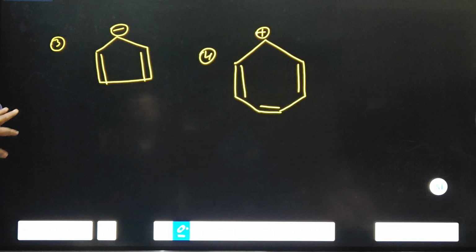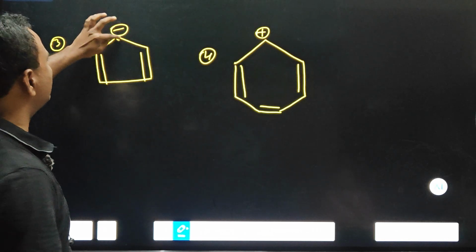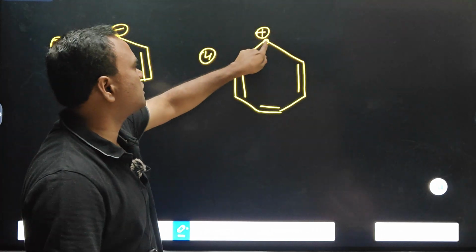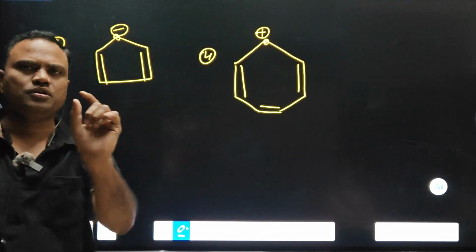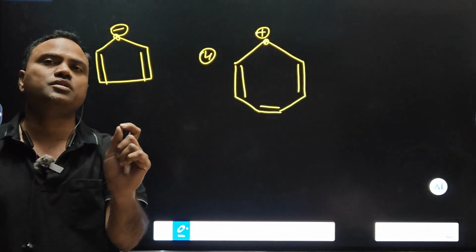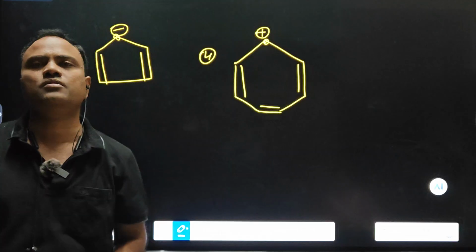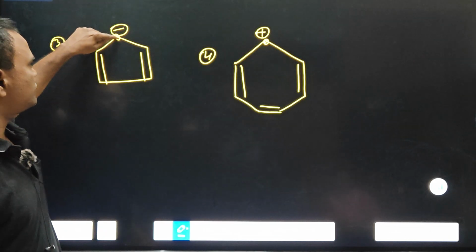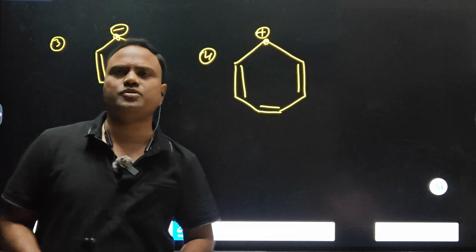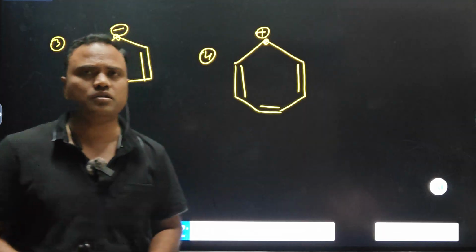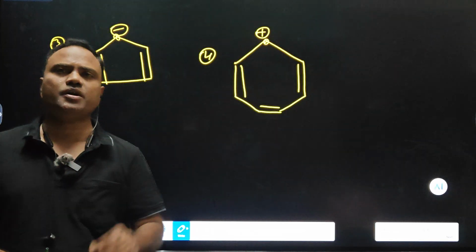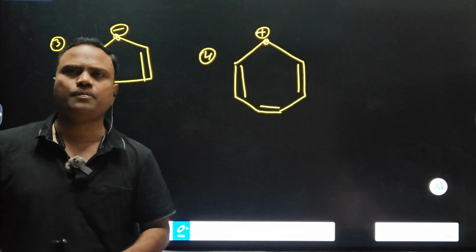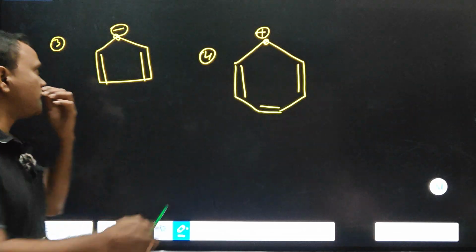Here, during the aromatic character, carbon with negative charge and carbon with positive charge should contain sp2 hybridization only. During which concept? Aromatic, anti-aromatic concept. Carbon with negative is sp2, carbon with positive is also sp2 only. That is very, very important. You have to check all the points. Cyclic, cyclic, okay. Planar, planar. Why planar?